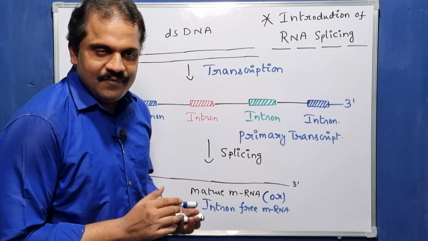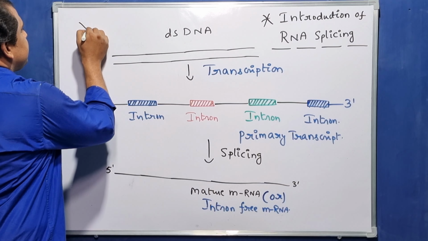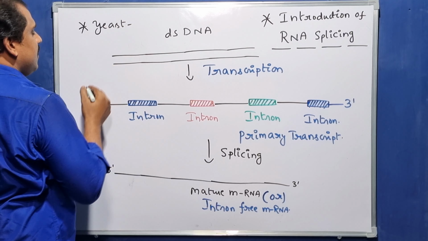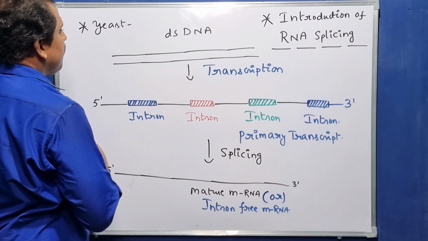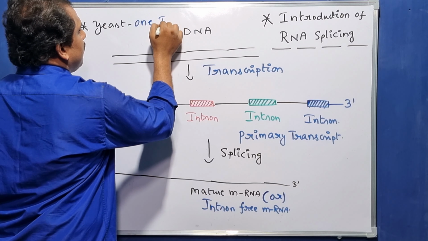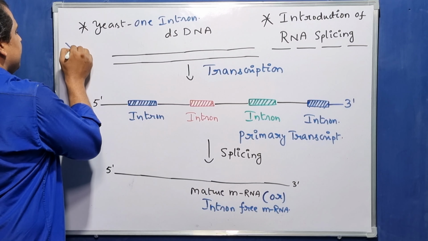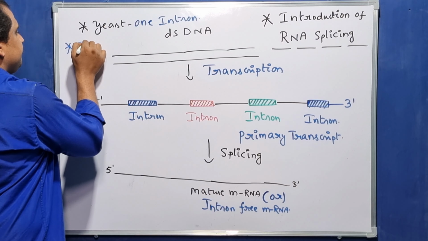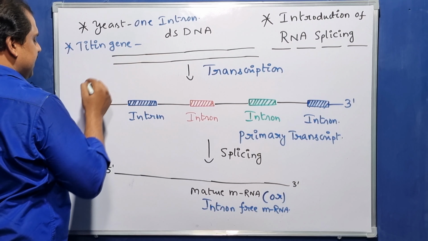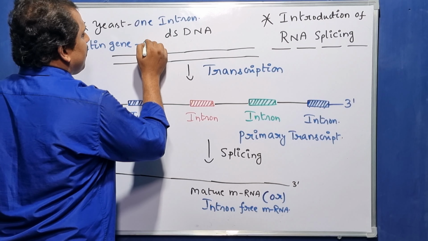Is it clear? Let me write it here. In yeast, there is only one non-coding sequence, or intron. And in the titin gene of humans, there are around 363 non-coding sequences.